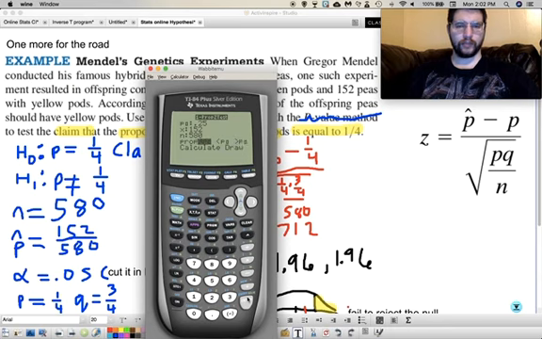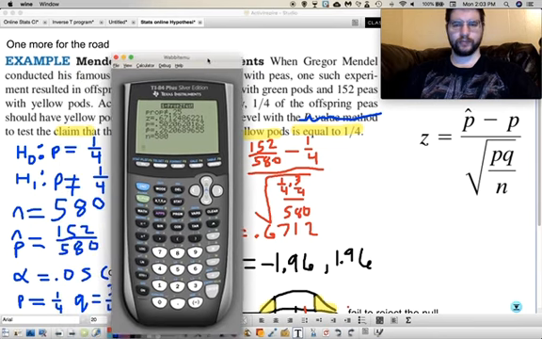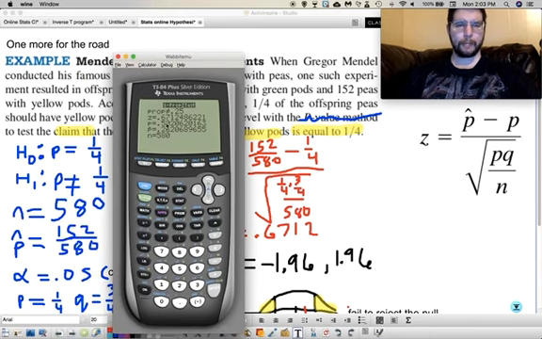And we want a two-tail. This matters for our p-value. Again, we'll talk about that next time. Calculate it. Z was 0.6712. There it is. Same thing. And again, we got a p of 0.5, so that p-value is greater than alpha, so we don't reject the null.